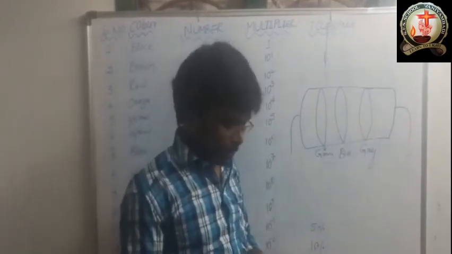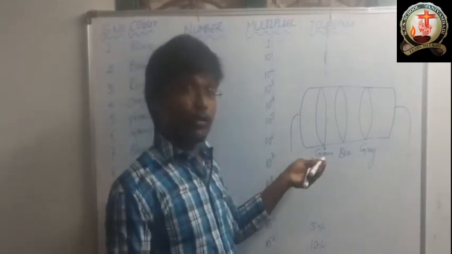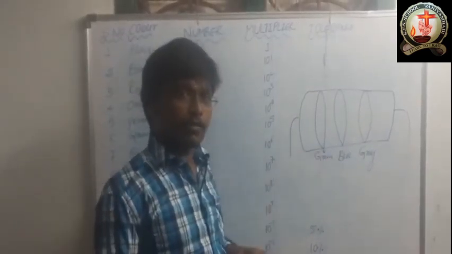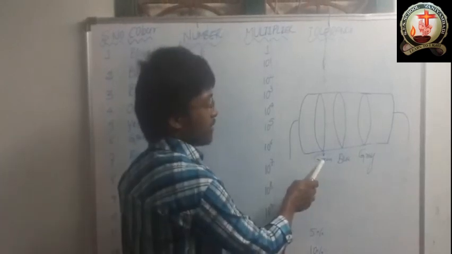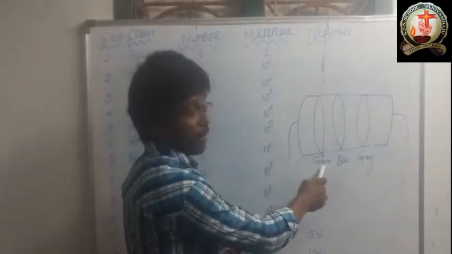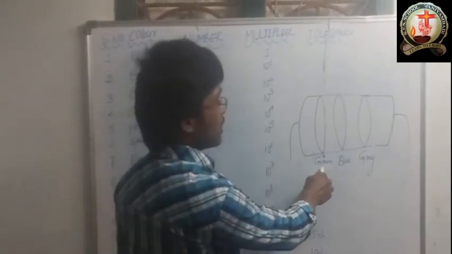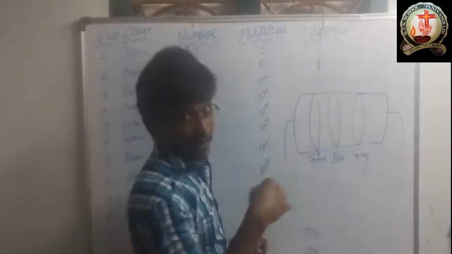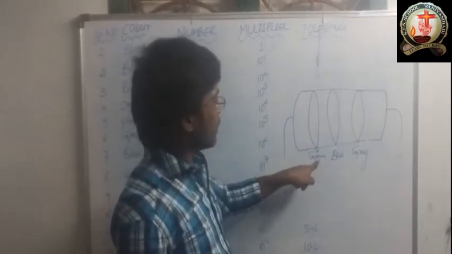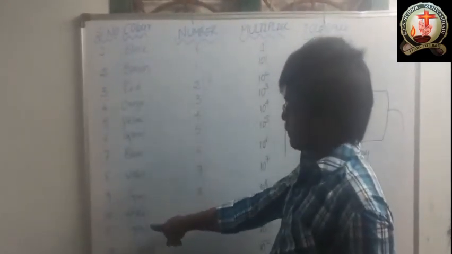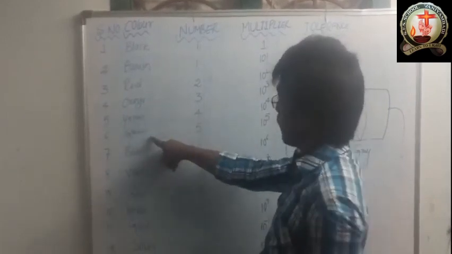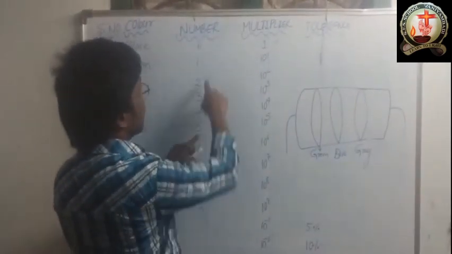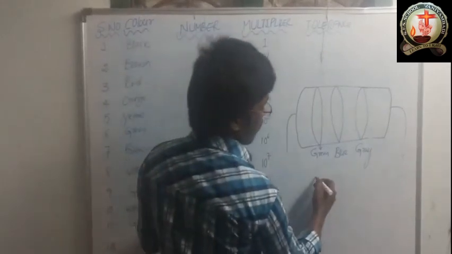Now, what is the first color ring? Green. The first ring indicates a significant figure, which is nothing but a number. Where is the green here? This is the green. Opposite green, what is the number here? 5. So 5.